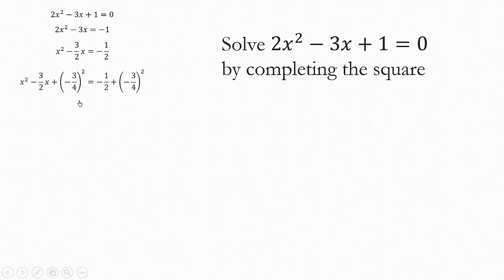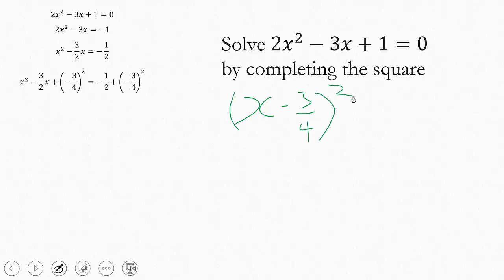Now, interestingly, when we expand x minus 3 over 4 all squared, we obtain whatever is here. So when we expand x minus 3 over 4 all squared, this gives us x minus 3 over 4 times x minus 3 over 4.